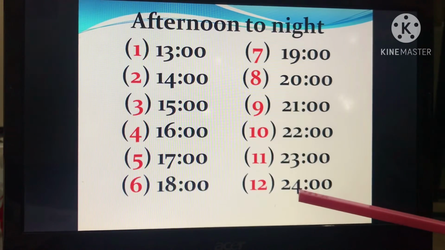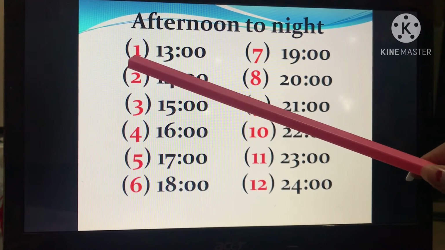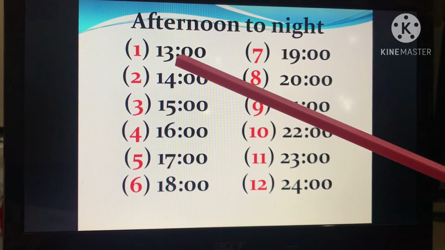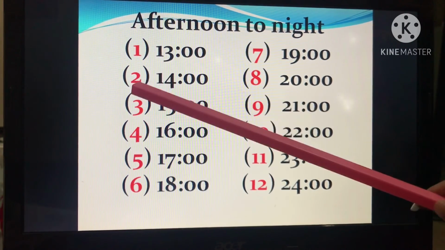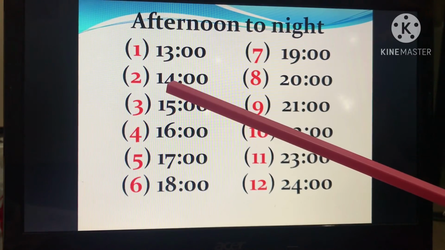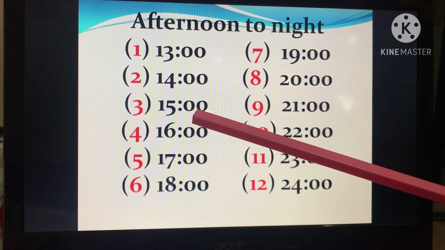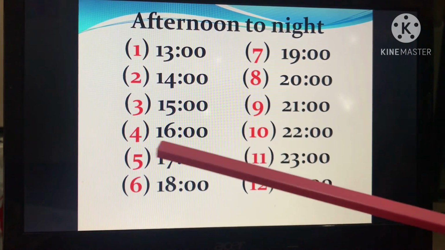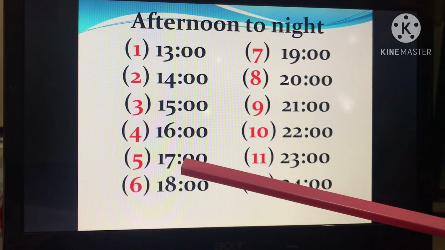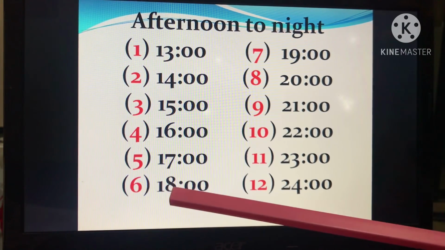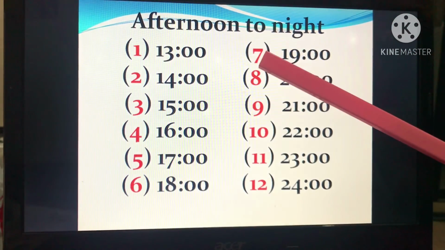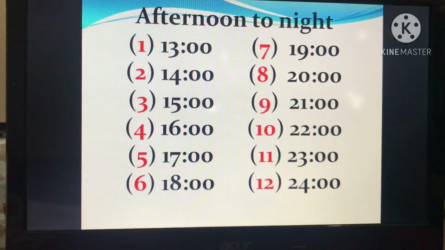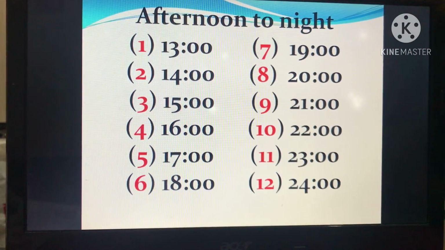Next after 12, 1 is 13 hours, 2 is 14 hours, 3 is 15 hours, 4 is 16 hours, 5 is 17 hours, 6 is 18 hours, 7 is 19 hours. So how will we read the time?